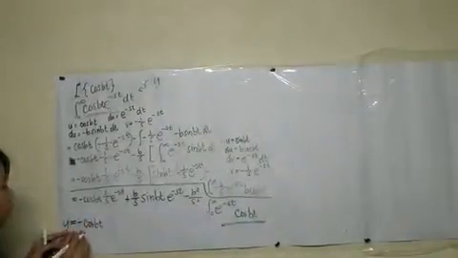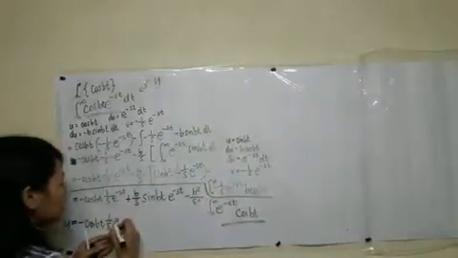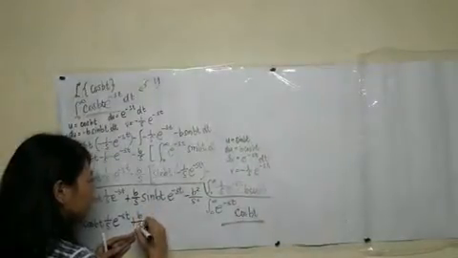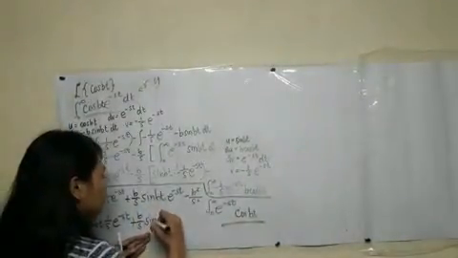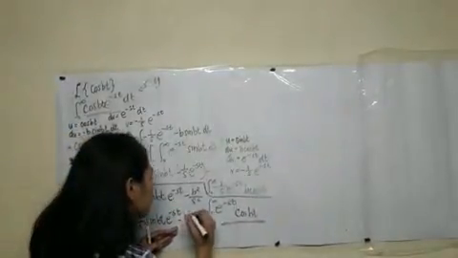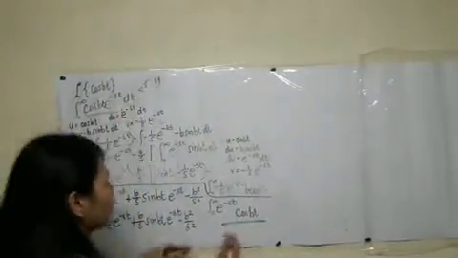So y is equal to negative cosine bt 1 over s e negative st plus b over s sine bt e raised to negative st minus b squared over s squared times y. So combining like terms.